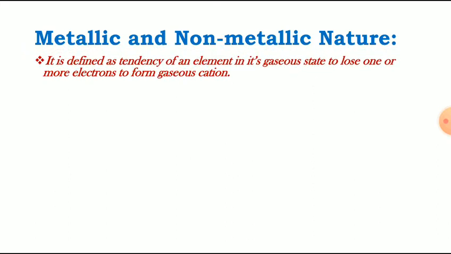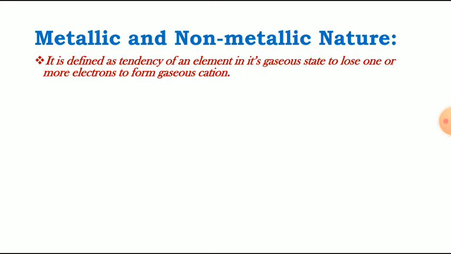First we will see the definition of metallic and non-metallic character. It is defined as the tendency of an element in its gaseous state to lose one or more electrons to form a gaseous cation.